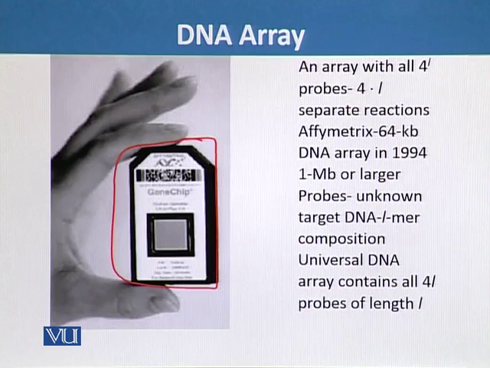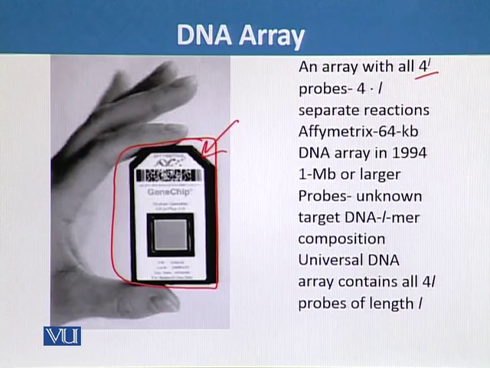If we use this technique to build an array with the 4 raised to power L probes of length L, then it requires just 4 times L separate reactions rather than the presumed 4 to the L reactions. With this method, a company in California known as Affymetrix built the first 64 kb DNA array in 1994.